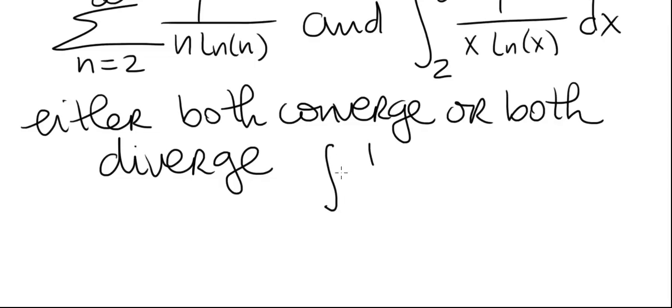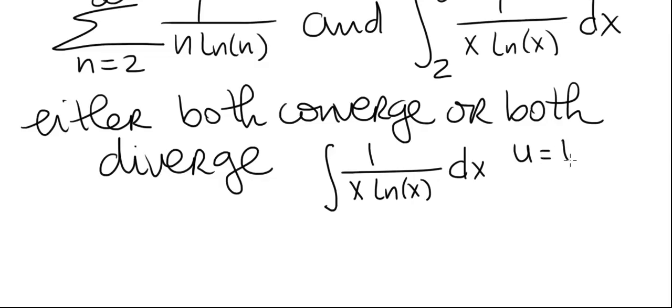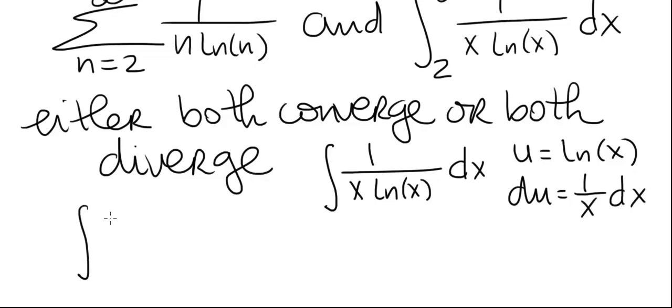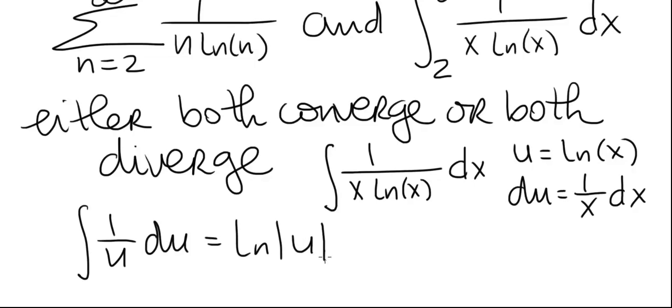First we'll find the antiderivative of 1 divided by x times natural log of x. We'll do that by u substitution. U will be natural log of x. Du is 1 over x dx. So this becomes the integral of 1 over u du, which is natural log of absolute value of u.